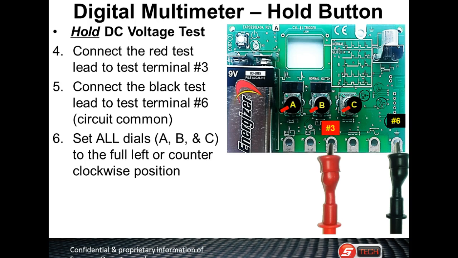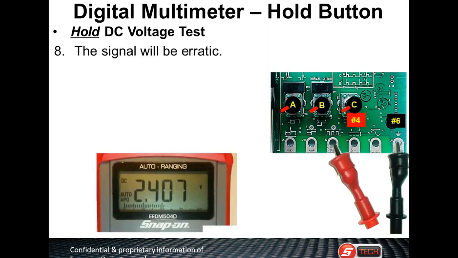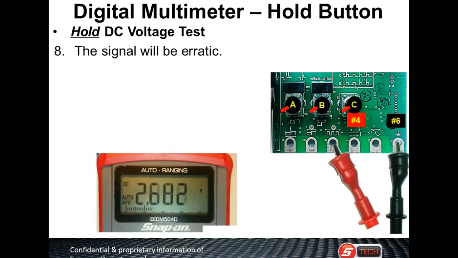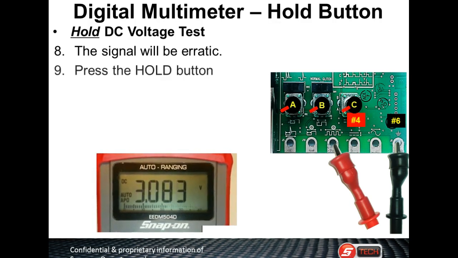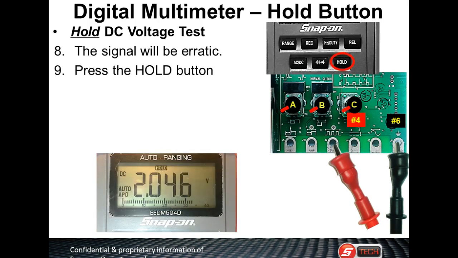Set all your potentiometers counterclockwise. Turn the simulator on. Hold. The signal will be erratic. Press the hold button, and what should it do? Should freeze, right? Now the problem is when you freeze it, where's it going to freeze at?